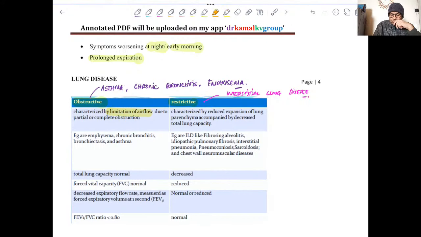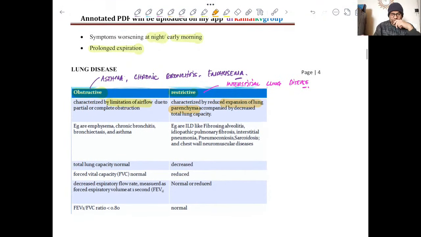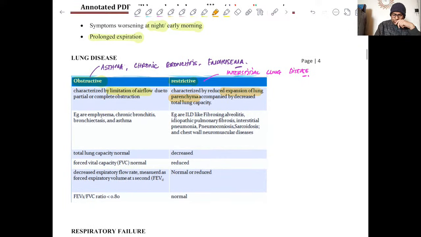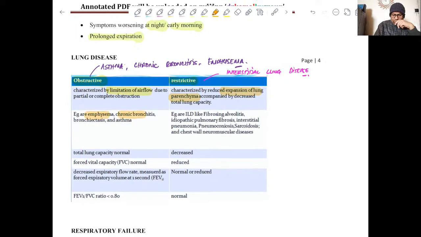But what is the pathology in restrictive? There is pathology in the lung parenchyma, and therefore there is reduced expansion of the lung because of fibrosis or any other pathology. So the important conditions: emphysema, bronchitis, asthma, and here you can take interstitial lung disease or especially pneumoconiosis.